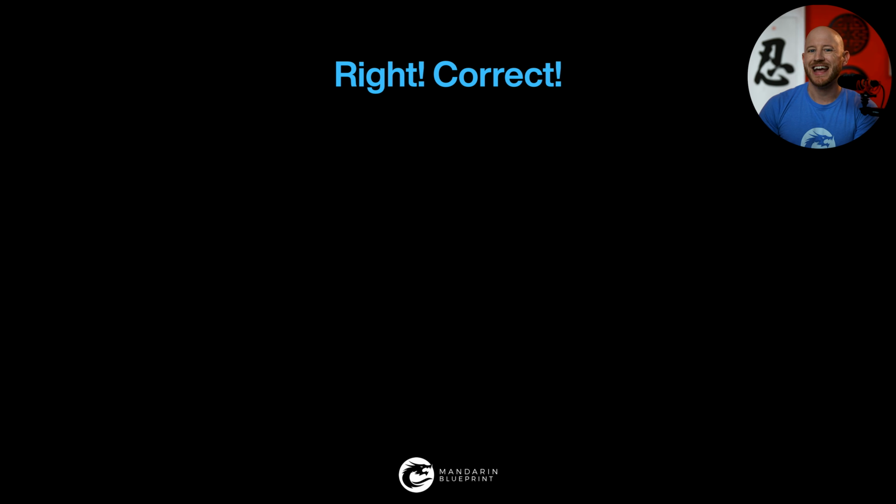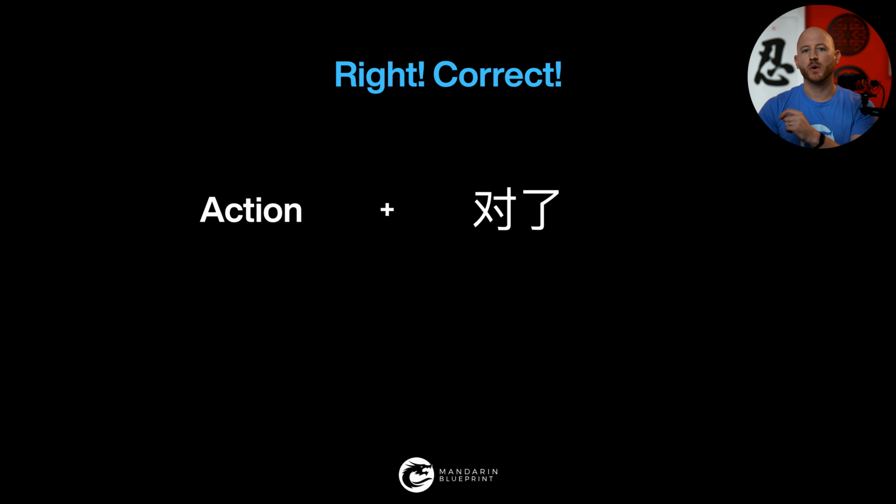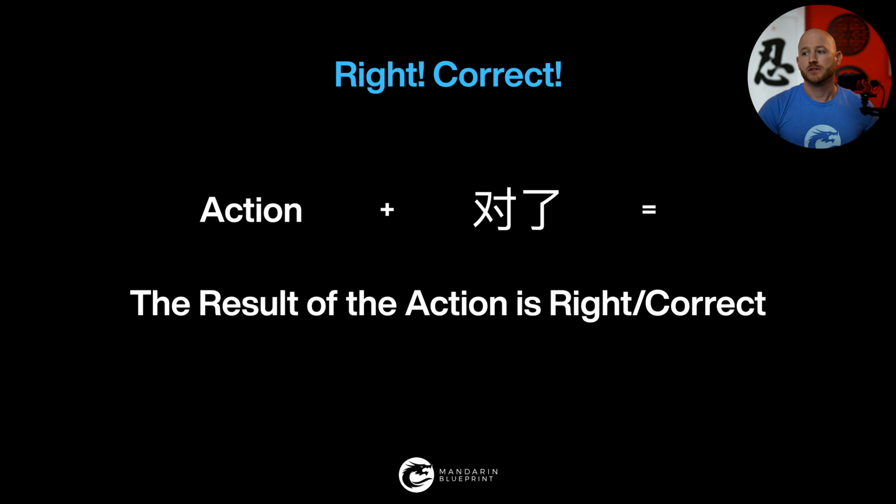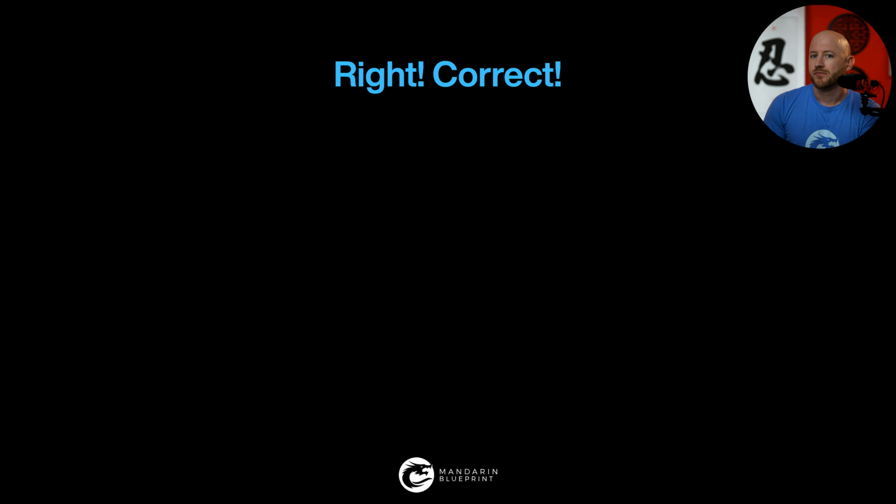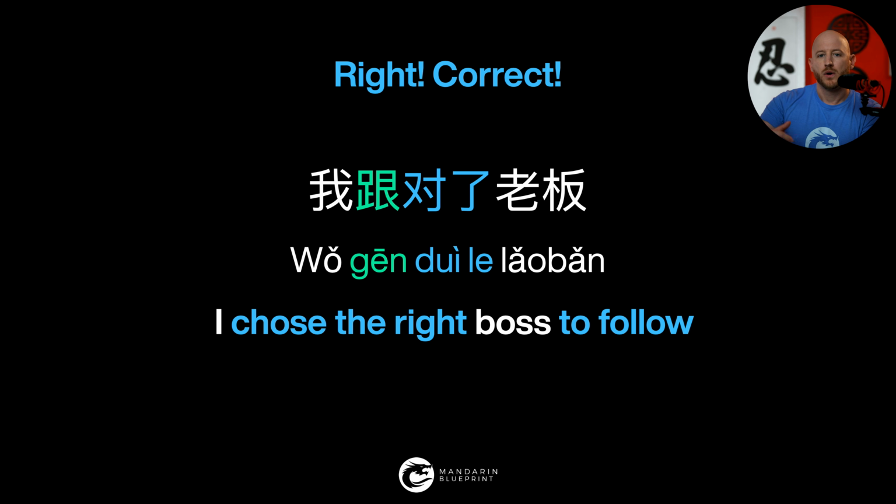Now, if you have an action plus 对了, it means the result of the action is right or correct. So very useful to know this, because it's another one of those examples in Chinese of the verb result situation. Let me explain. So look at this sentence. 我跟对了，老板. I chose the right boss to follow. Okay, so 跟, it literally means heel.